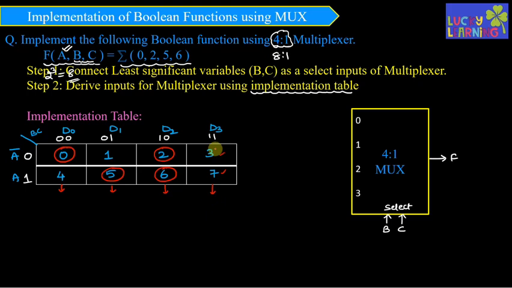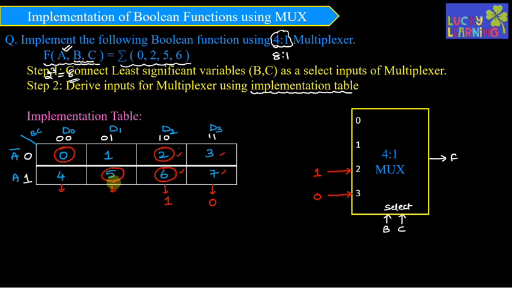Means if no minterm is circled, it is represented with 0. Means data input 3 is to be connected with 0. Now data input 2, look, both the minterms under data input 2 are circled. Means for minterm 2 the function value is 1, and for minterm 6 also the function value is 1. Means data input 2 should be connected with logic 1.